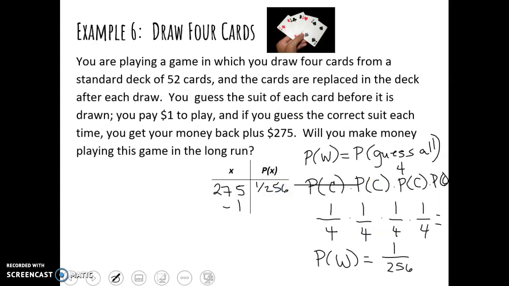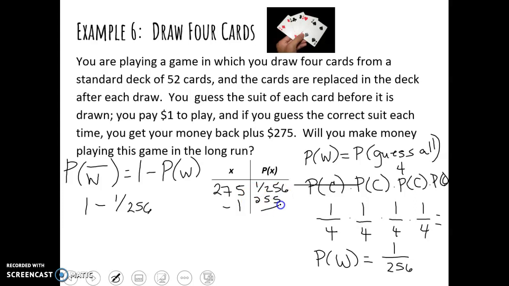Now, what is the probability of losing? Losing means we are not winning, and the formula for that is to find the probability that we are winning and subtract that from 1. So 1 minus 1/256. You can put that in your calculator to get a decimal, or you can just subtract it and leave it as a fraction, and you'll get 255 over 256.